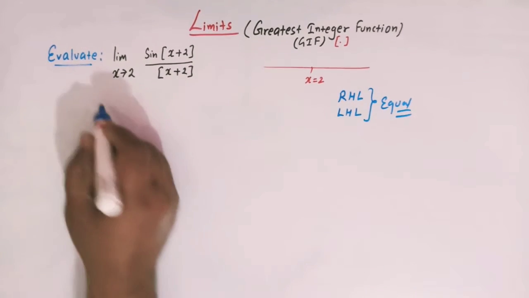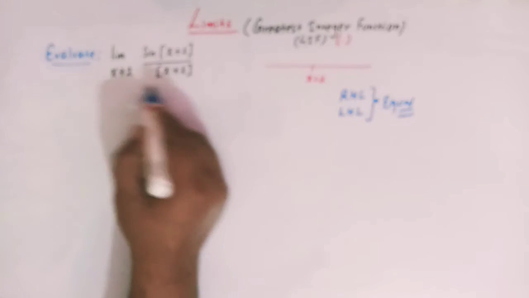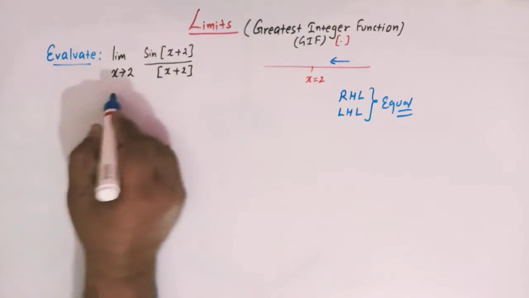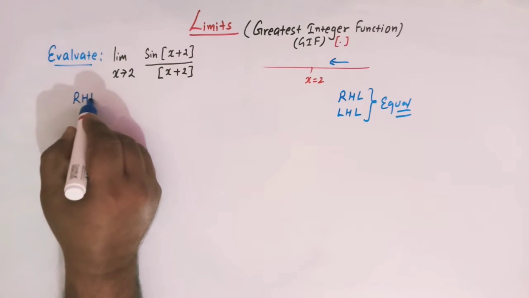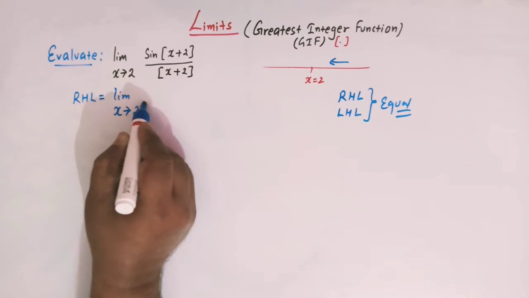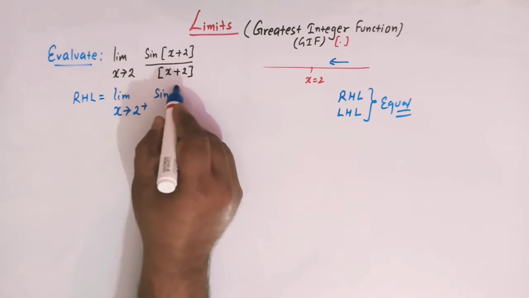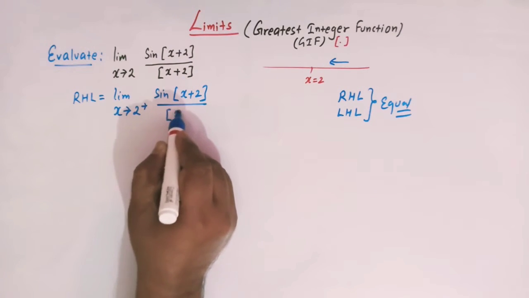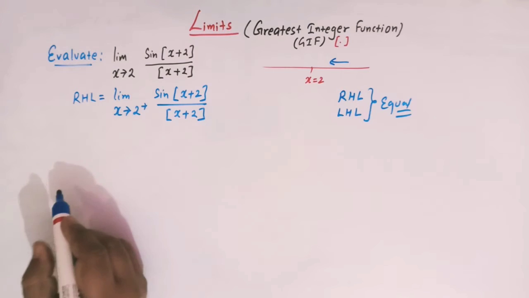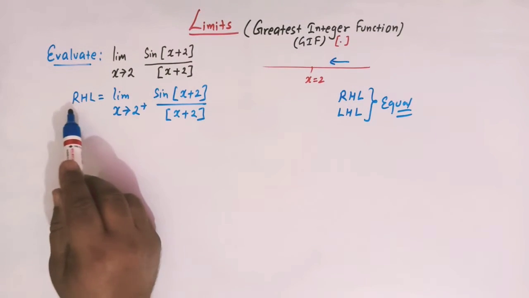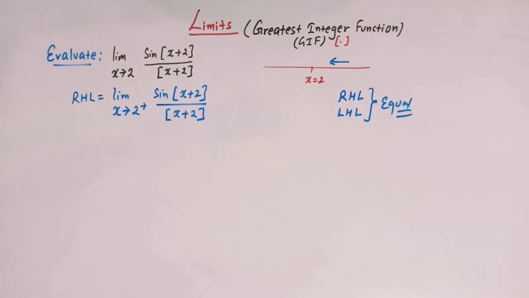Now the right hand limit of this function when x approaches 2, that is from the right of x equal to 2, is written as RHL, and we can write limit x tends to 2 plus, sin[x+2] divided by [x+2]. Here the positive sign shows that we are calculating the right hand limit.